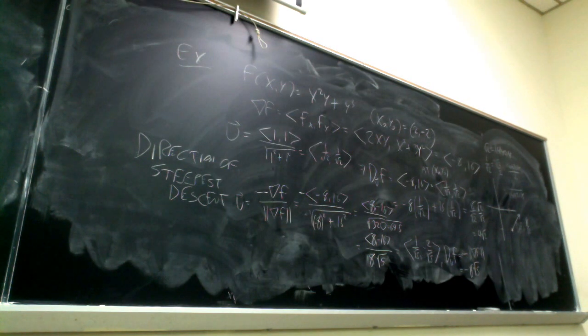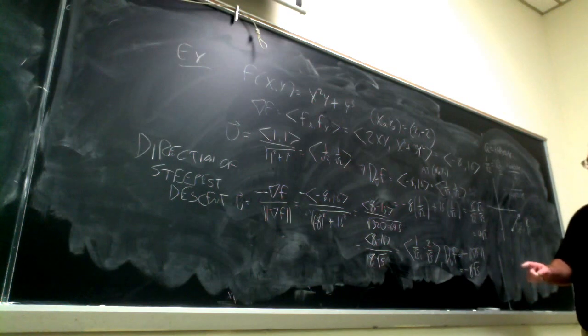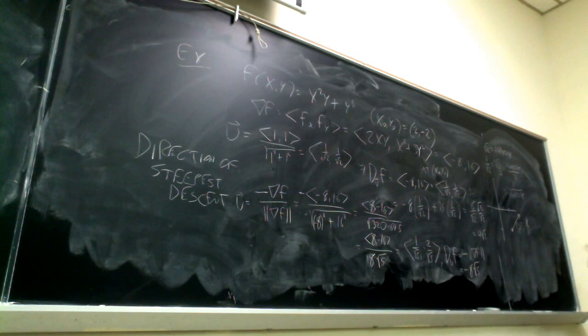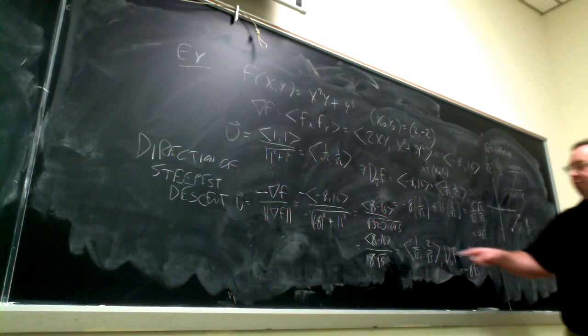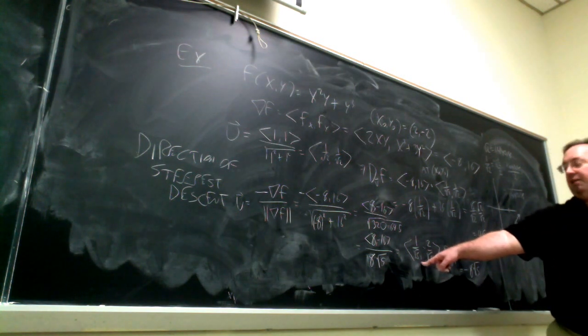Okay. And then, because we're in 2 dimensions, if we want the direction along which f remains constant at this point, it is perpendicular to this vector.